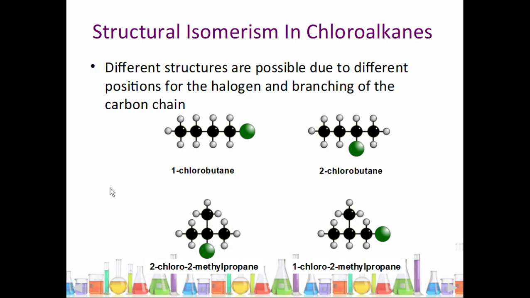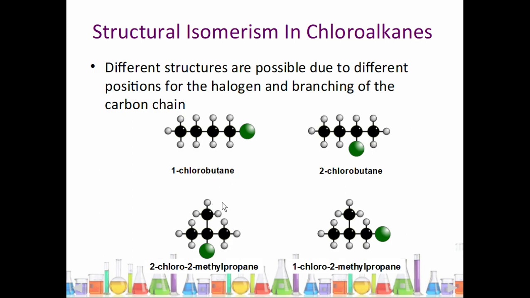So that makes them all isomers of each other. They all have the formula C4H9Cl. A structural isomer, just to remind you, is molecules that have the same molecular formula but different structural formulas.